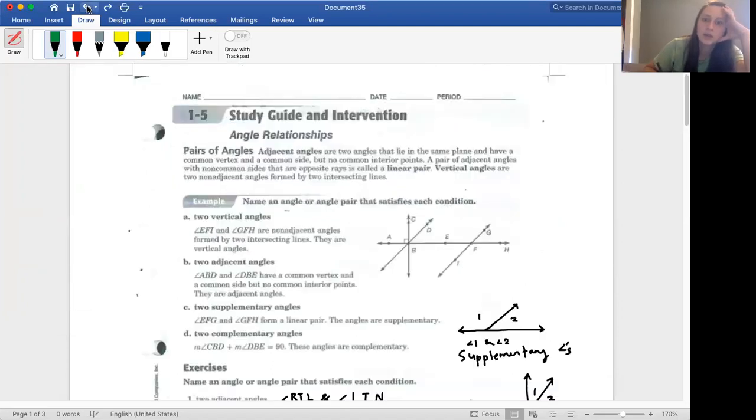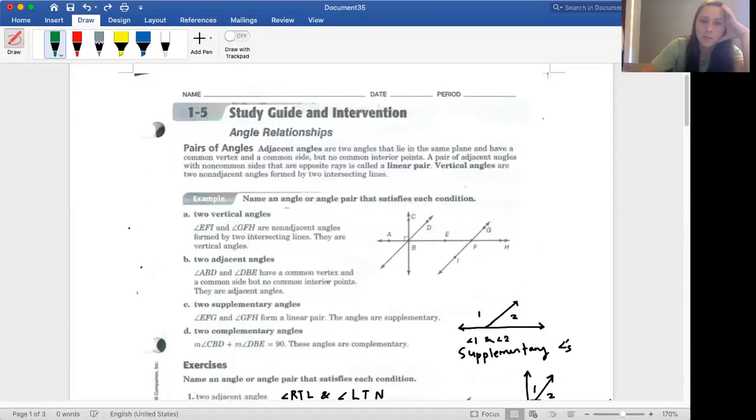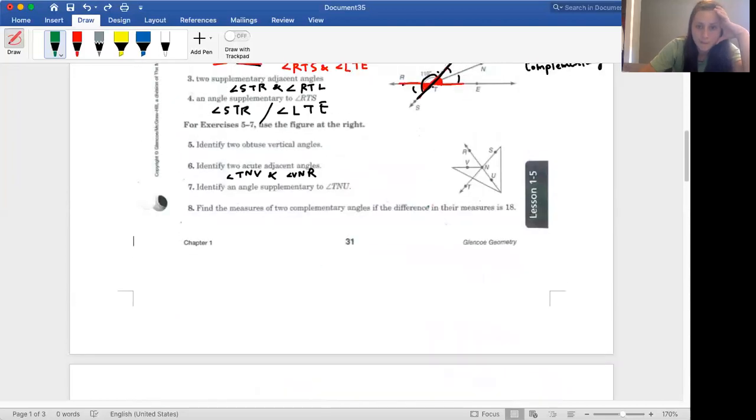Hopefully you can see what I'm doing. It's starting to get messy a little bit. So supplementary to that, I'm going to say either UNS or angle TNR. Okay.